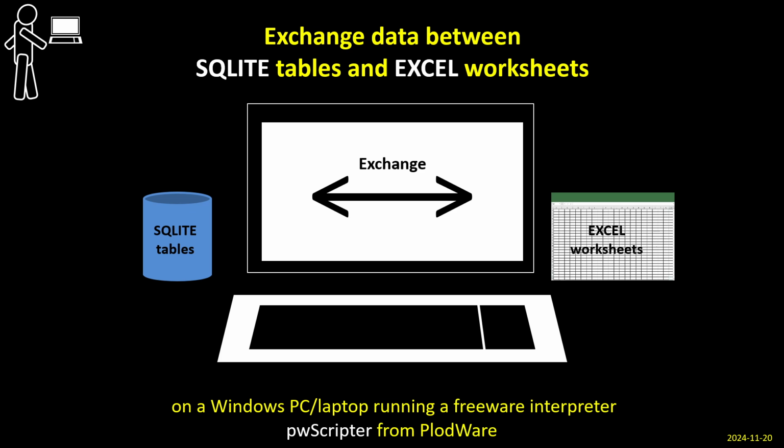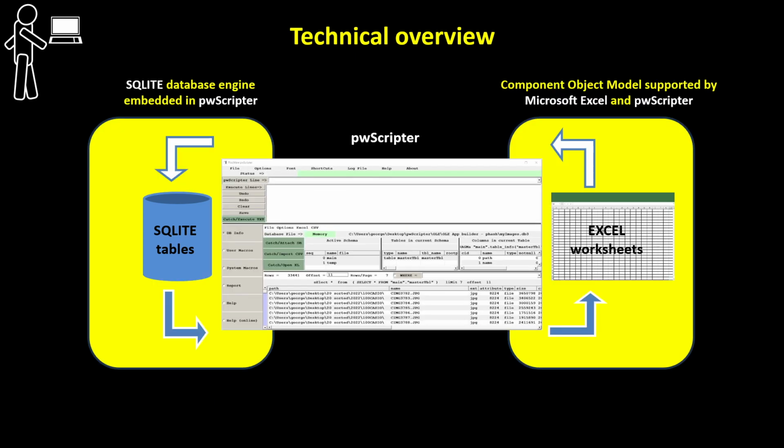In this video we're going to have a look at how you can exchange data between an Excel worksheet and an SQLite database. In a technical sense, we're going to have the pwScripter, which includes the SQLite database engine.